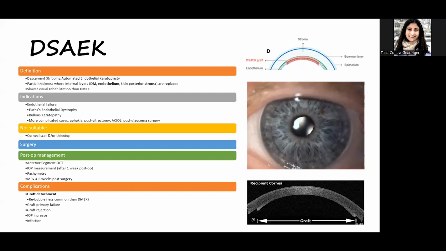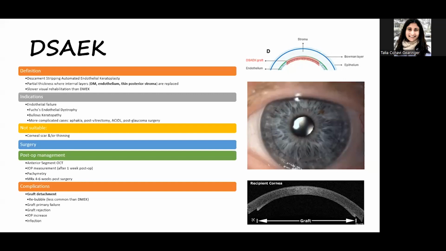Another indication is bullous keratopathy. That's associated with patients that have had cataract surgery or any other eye surgery, and then develop a chronic corneal edema that doesn't heal. We call it bullous keratopathy, and that also affects that inner layer of the cornea.